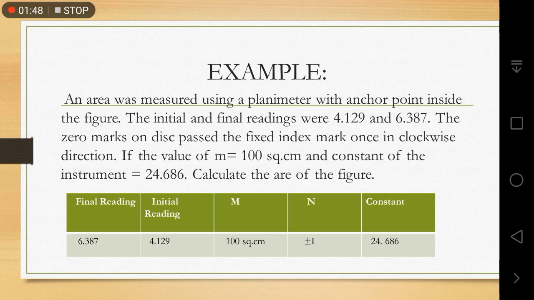So the final reading is 6.387, the initial reading is 4.129, the value of M is 100 square centimeters, N is plus or minus 10, and the constant is 24.686.